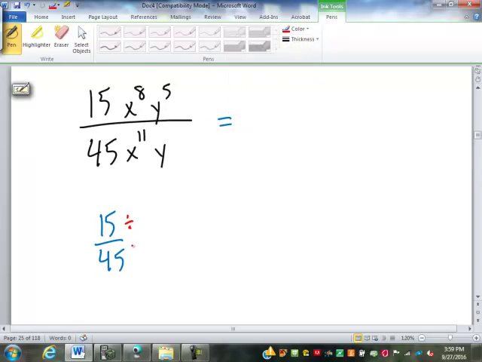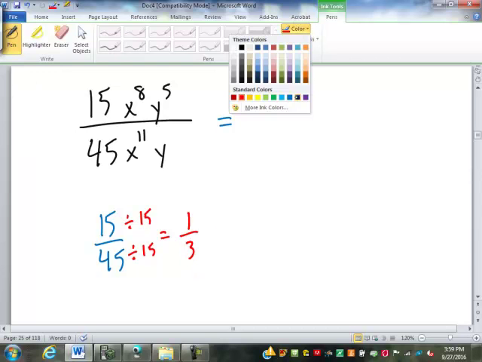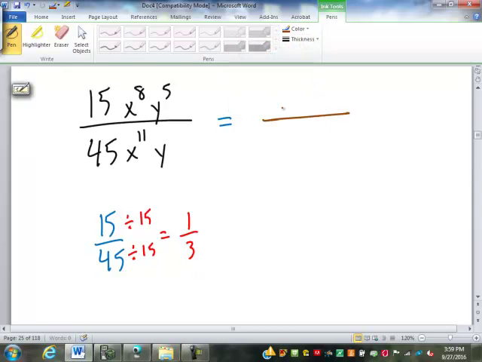What can I divide both 15 and 45 by? 15. 15 divided by 15 is 1. 45 divided by 15 is 3. So in my answer, I'm going to have a 1 on top and a 3 on bottom. I might not need that 1 on top, and I'll show you why in a second.